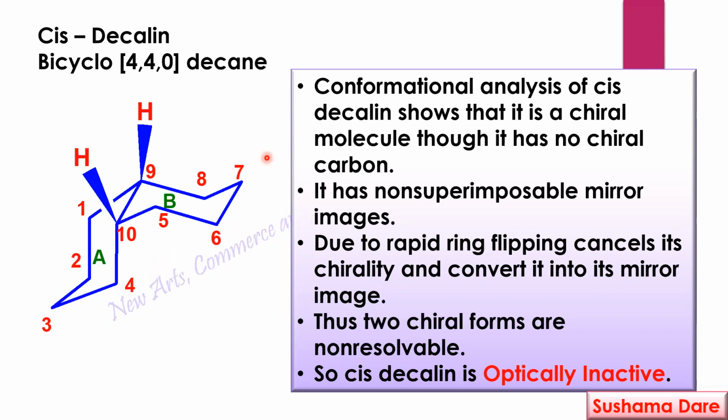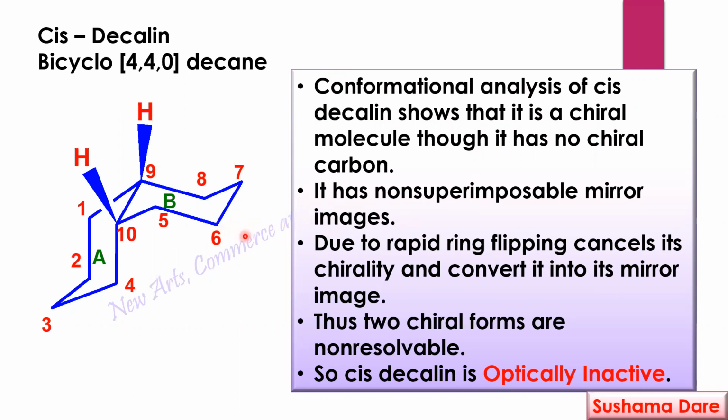But the observation is that the conformational analysis of cis-decalin shows that it is a chiral molecule, though it has no chiral carbon. Because of that, it has non-superimposable mirror images.